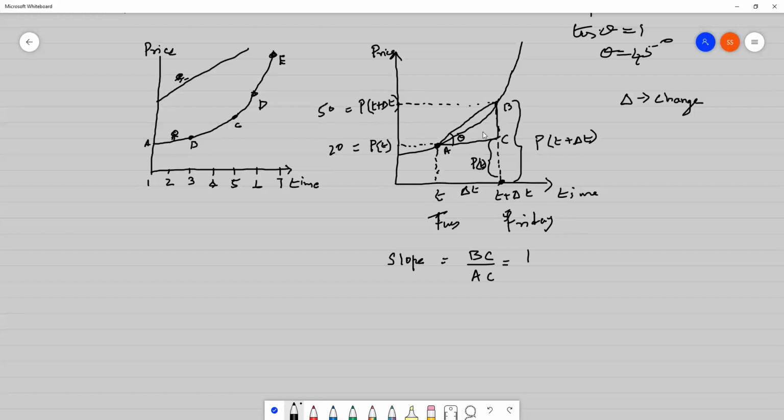In this case it is 30 rupees, or generally P of T plus del T minus P of T, divided by del T, since the adjacent side is del T. So what does this slope represent? The slope of the secant. I'll write it here: slope of secant.